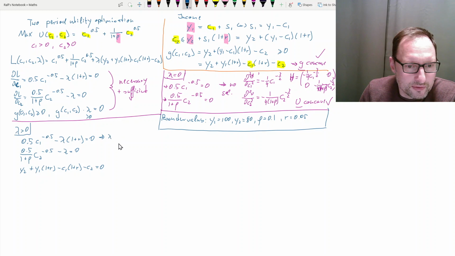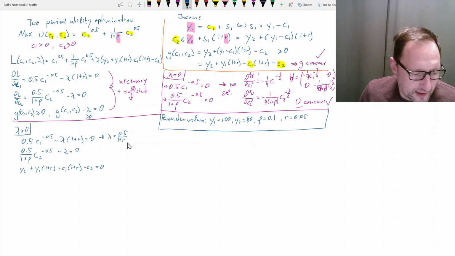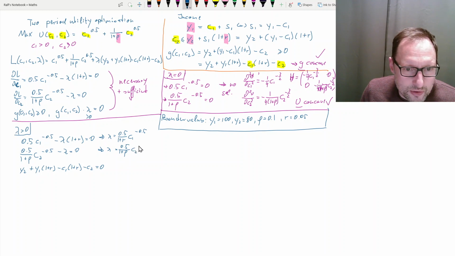From the first one we get lambda is 0.5 divided by (1 plus r) times c1 to the negative 0.5, and from the second equation, lambda is equal to 0.5 divided by (1 plus rho), that's the Greek letter rho, times c2 to the negative 0.5.